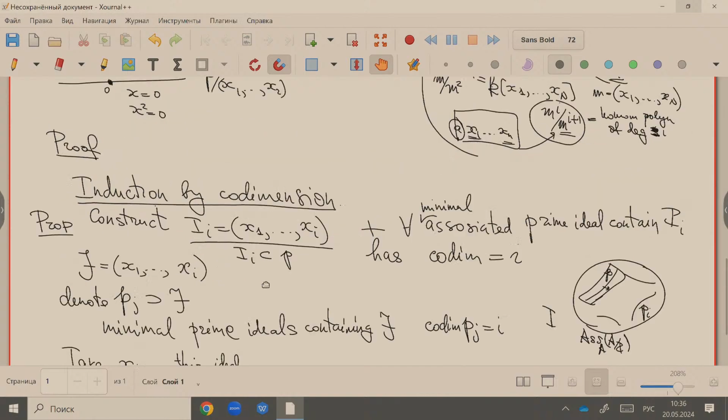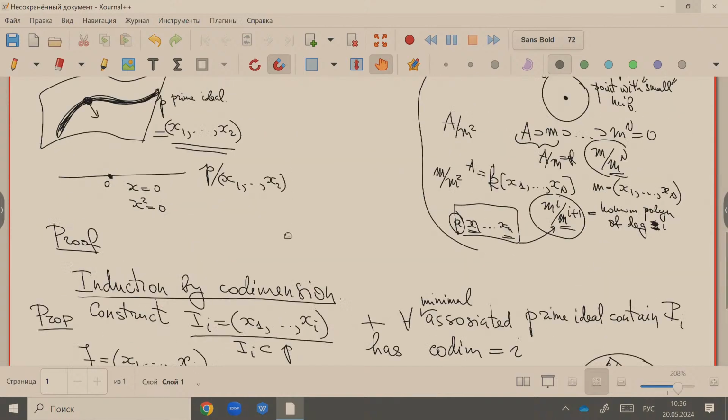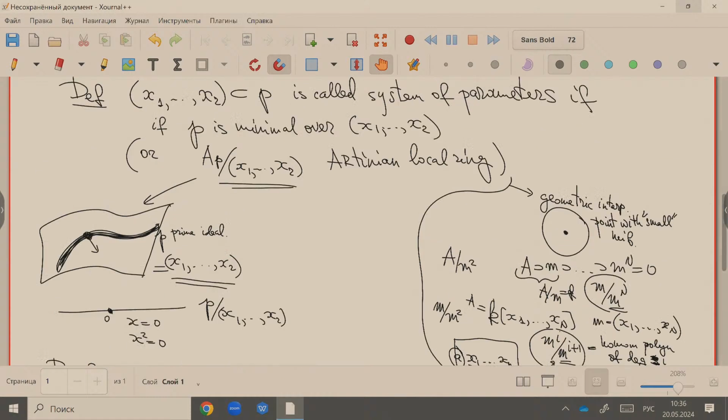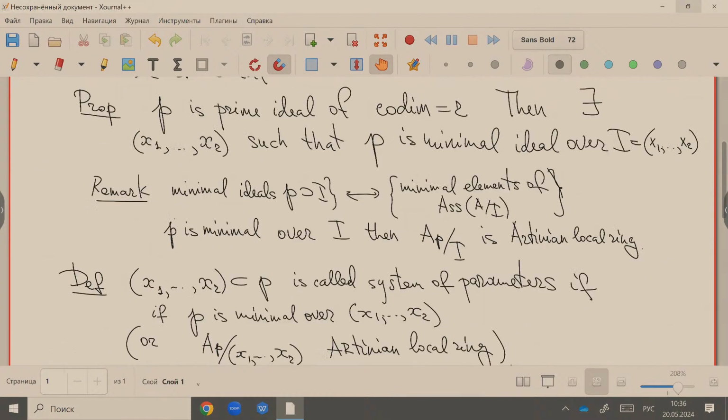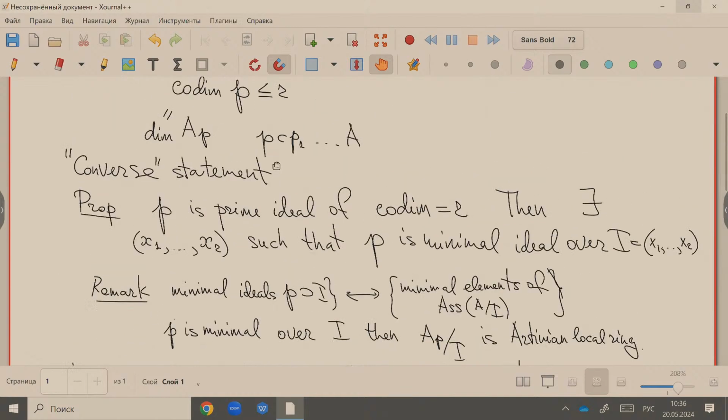And here I was talking about the length of chains that were dimension. So we should talk here about the chains between 0 and p. So this is codimension.